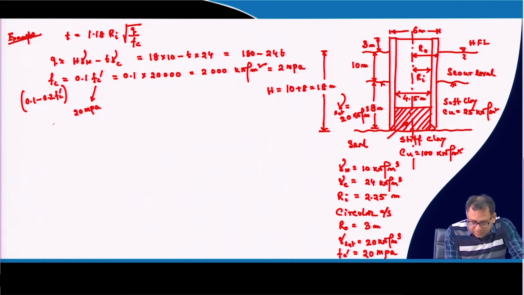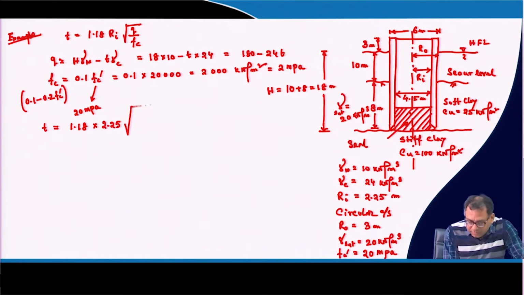Now, if I put these values, then T is 1.18 into Ri, which is 2.25, root over Q, which is 180 minus 24 T, divided by Fc, which is 2000.